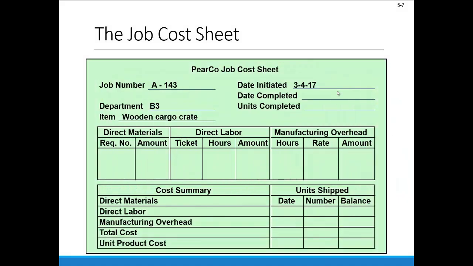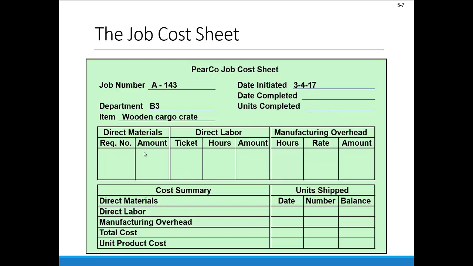In a job order costing system, we'll have some kind of job cost sheet. And we aren't necessarily talking about something on physical paper. Naturally, everything will be automated or electronic. But that job cost sheet or record should summarize all the costs that have been assigned to that particular job. So it should have some information about what the job is, maybe what items are produced, the date it started, the date it's completed when we get that far, how many units are included, and so on.